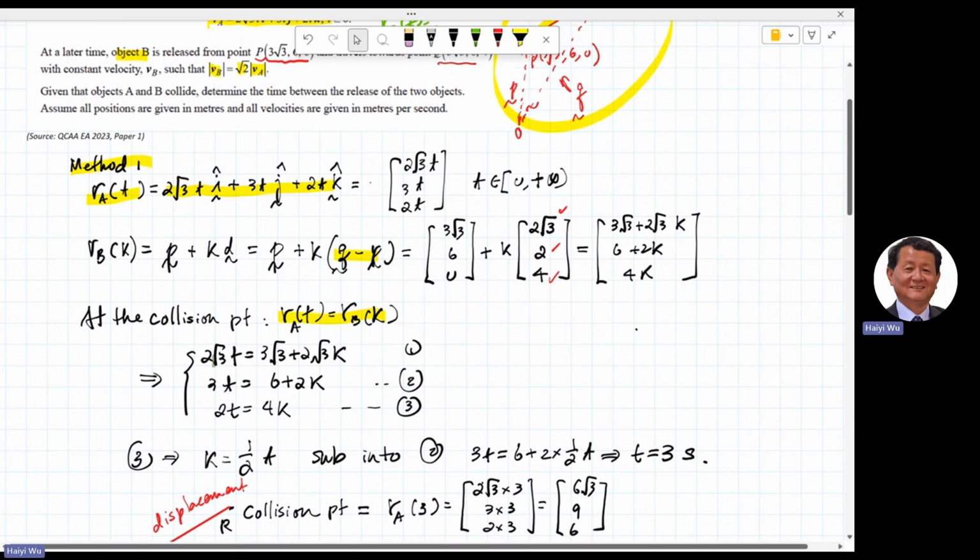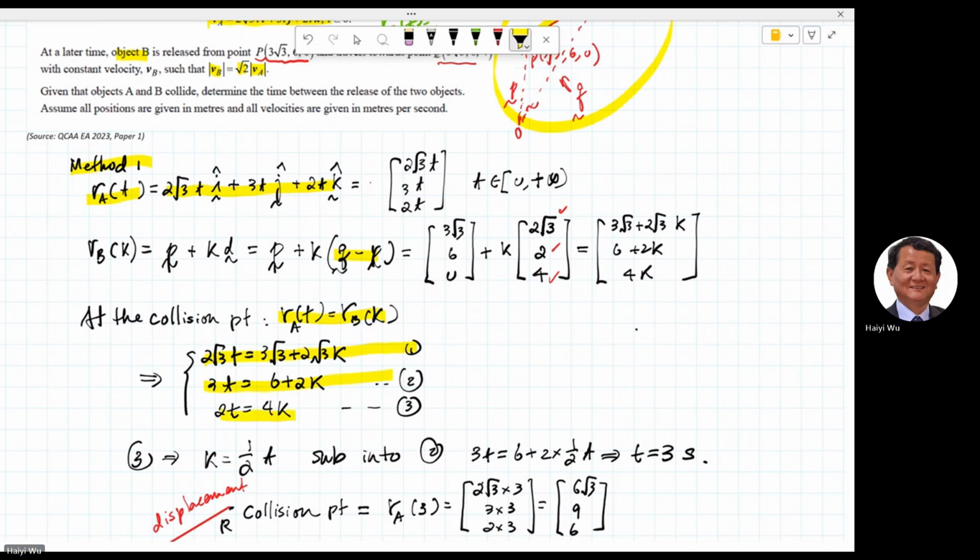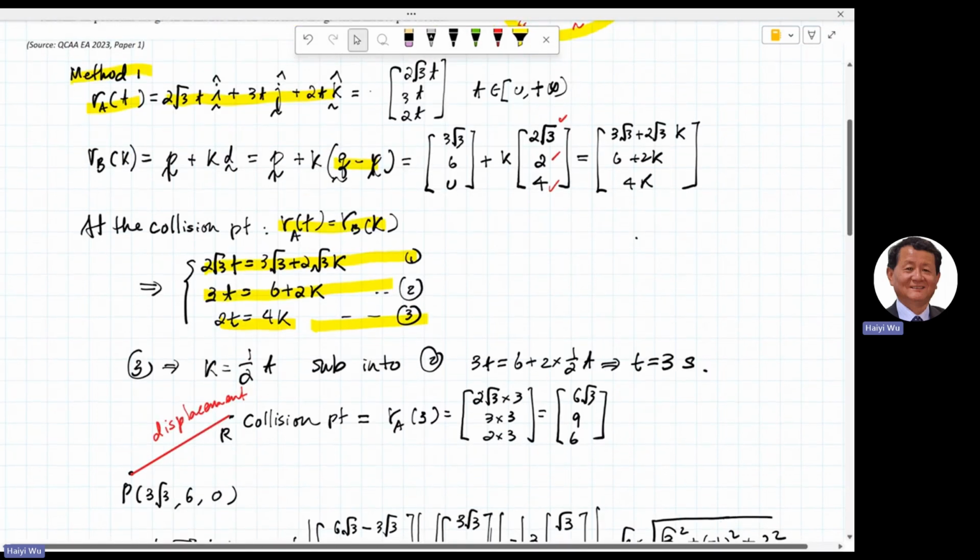We get three equations: the i component, j component and k component. That's a simultaneous equation system.